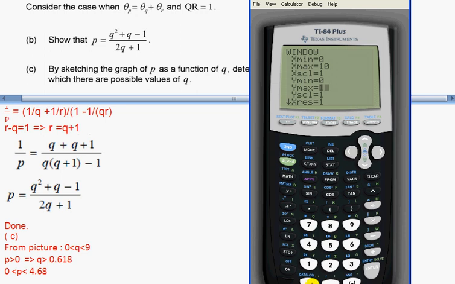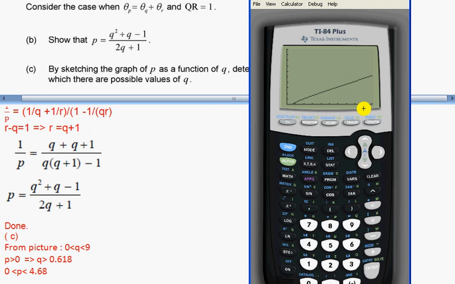So Q can be, because QR equals 1, OQ cannot be more than 9, so it is less than 9, and P should be more than 0.